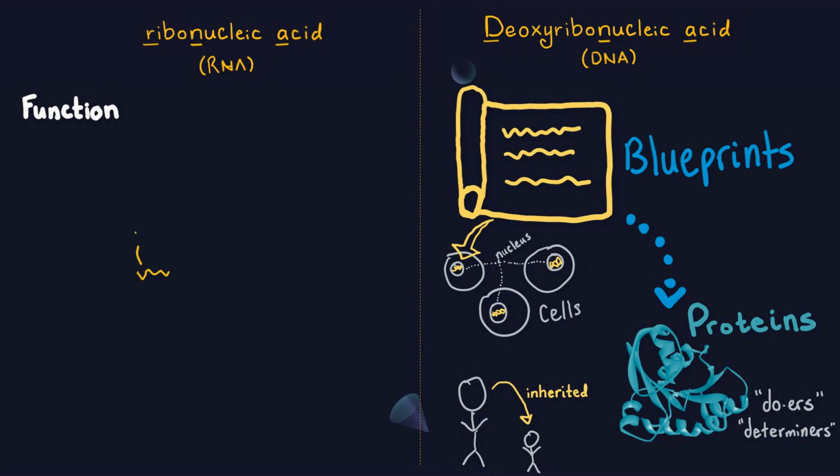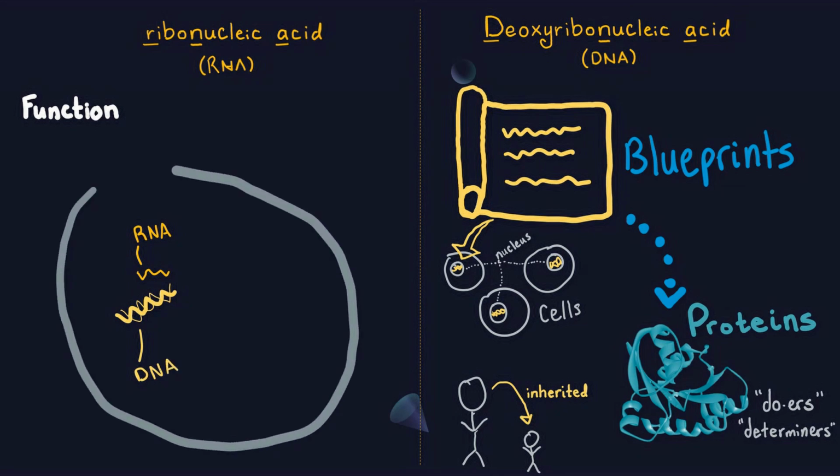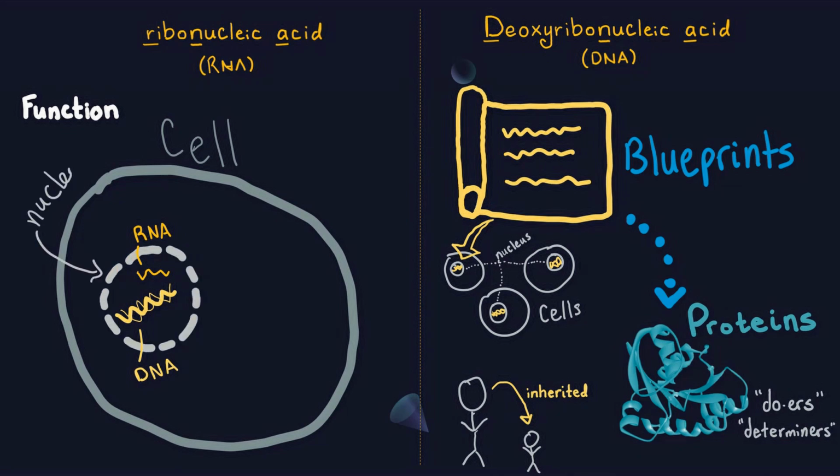RNA is special because it's much smaller than DNA. Its size allows it to travel throughout the cell very easily. For instance, DNA is usually found in an organelle called the nucleus. Now, the nucleus's membrane has tiny microscopic holes in it we call pores.